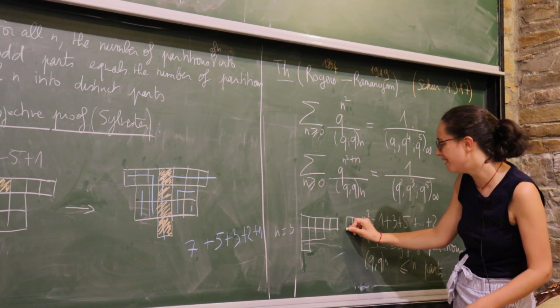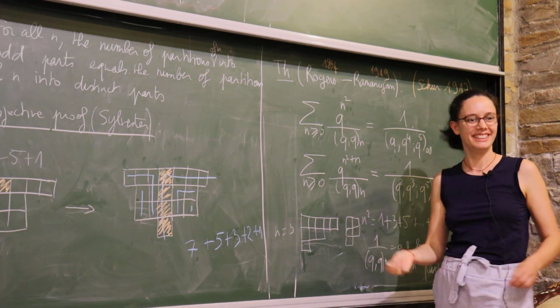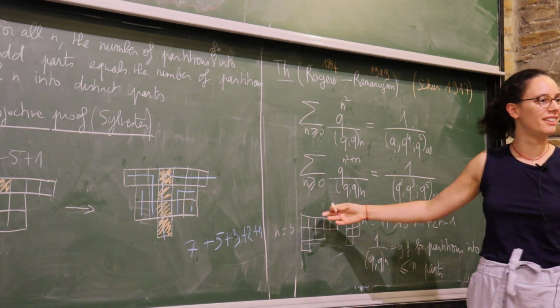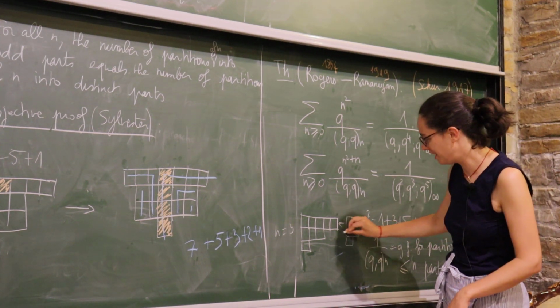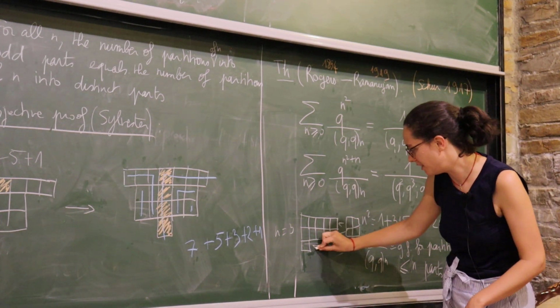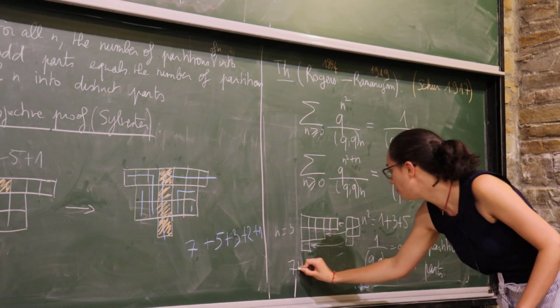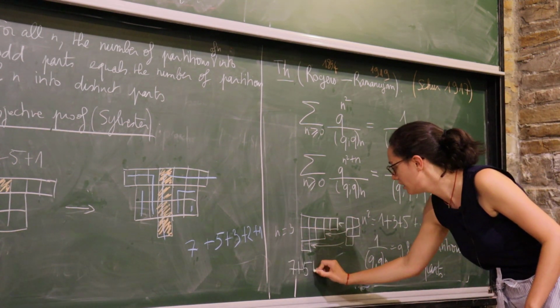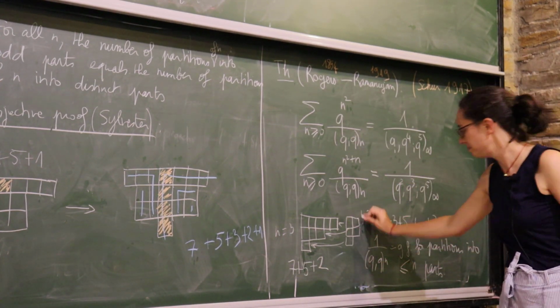So let's just say we had something like 2, 2, 1. So you can just glue this to the staircase. You attach this here, and this here, and you would get 7 plus 5 plus 2 in that example.